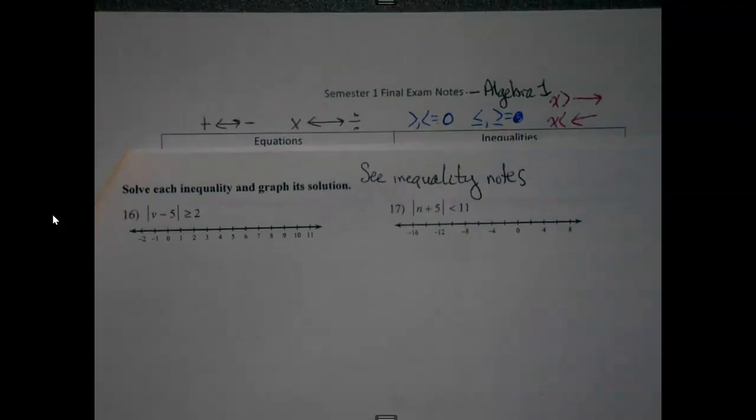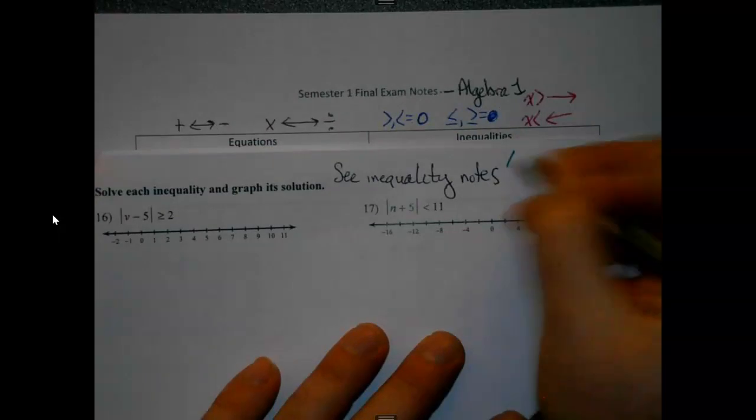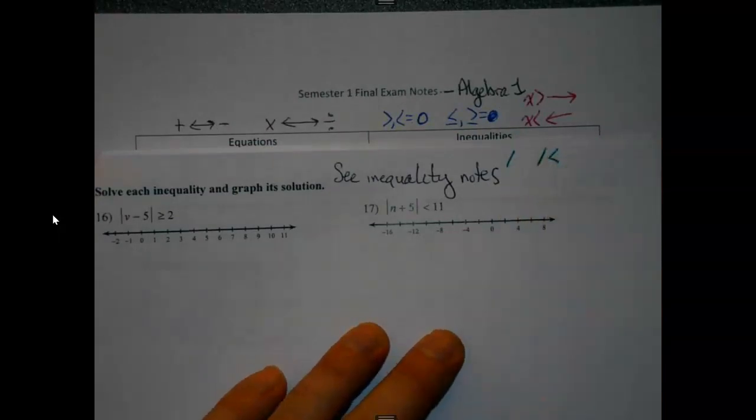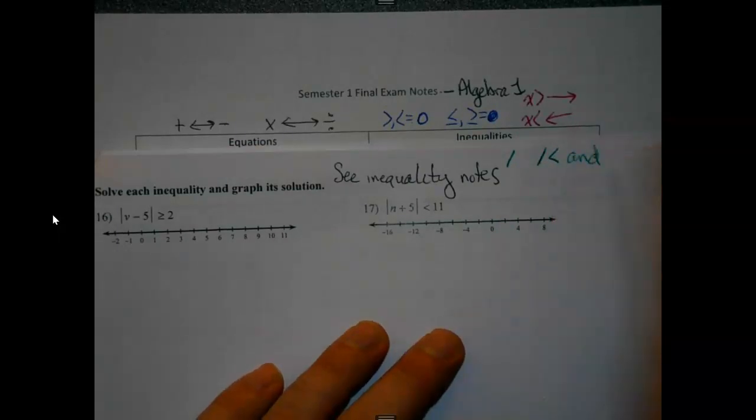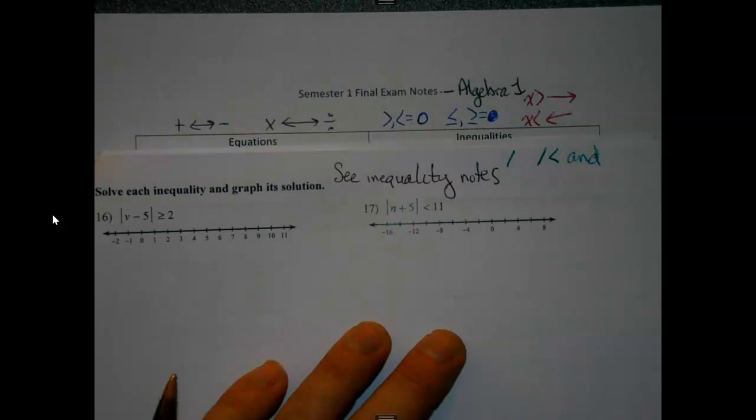When you have an absolute value and the arrow is pointing toward it, it's going to be an AND statement. Okay, we talked about ands and ors and what the graphs looked like.